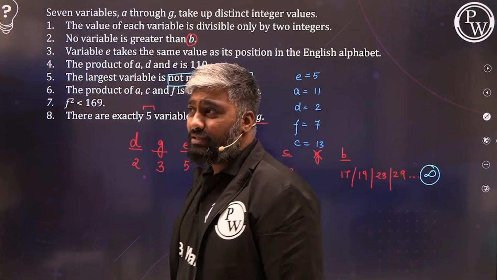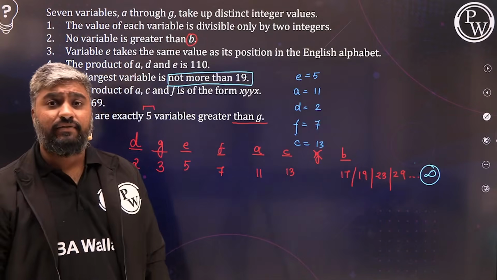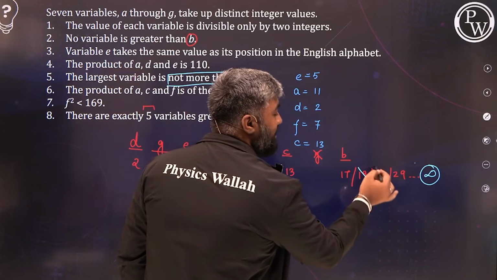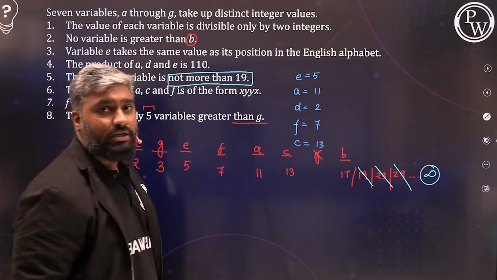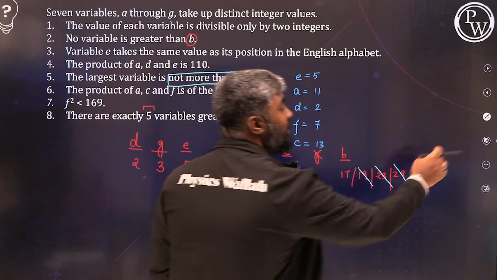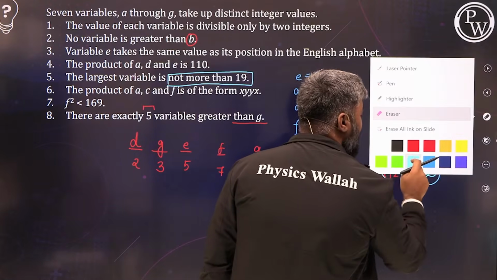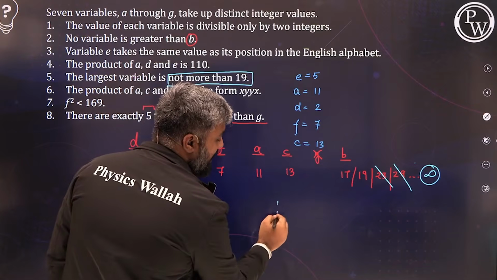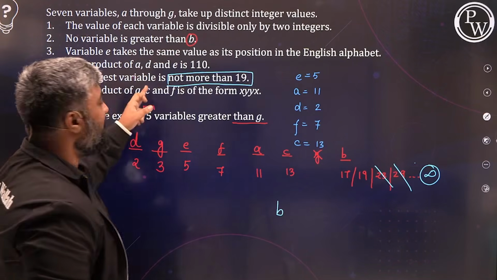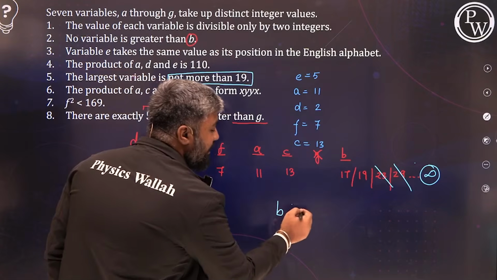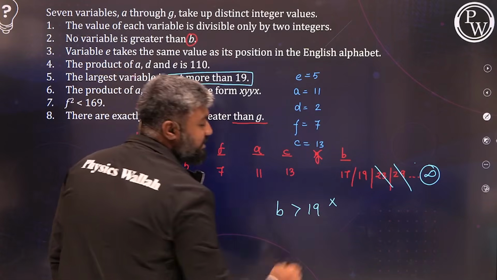Understanding the language is very important here. Largest variable not more than 19 does not mean that 19, 23, 29 or anything cannot be it. No, it means what? It has to be less than or equal to 19, right? They're saying the largest variable, which is B, is not more than 19. B greater than 19 is not possible.